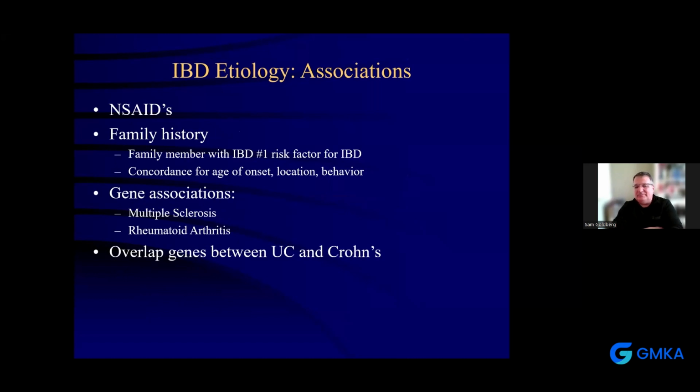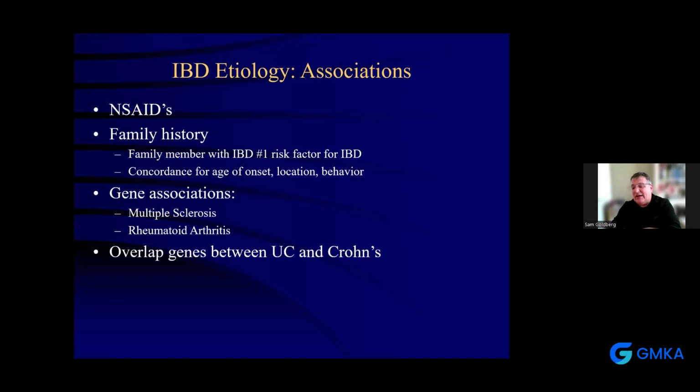I have a young woman who literally got fulminant colitis at the same age that her mother got it, in her mid to late 30s, 36, 37, and has basically had a total colectomy with an ileostomy and then an ileorectal anastomosis with a stricture. And her mother has had an ileostomy for the last 40 years.